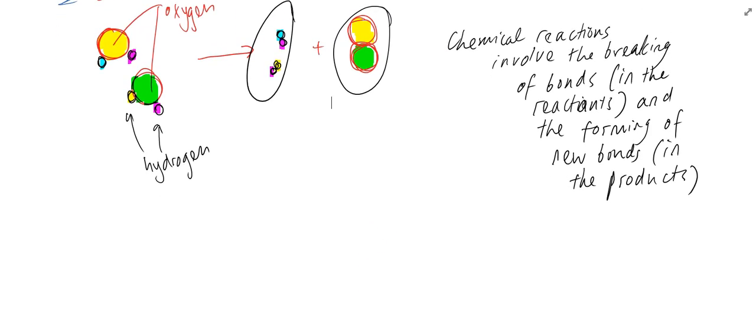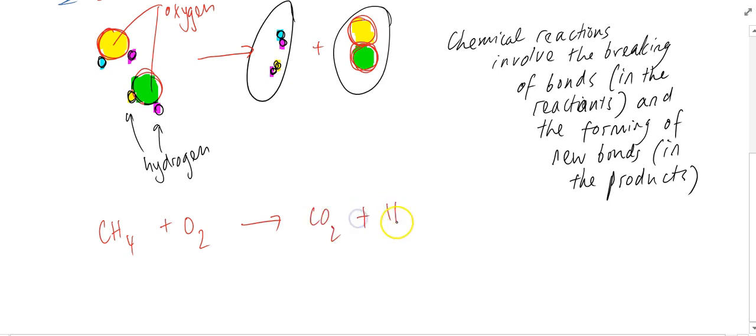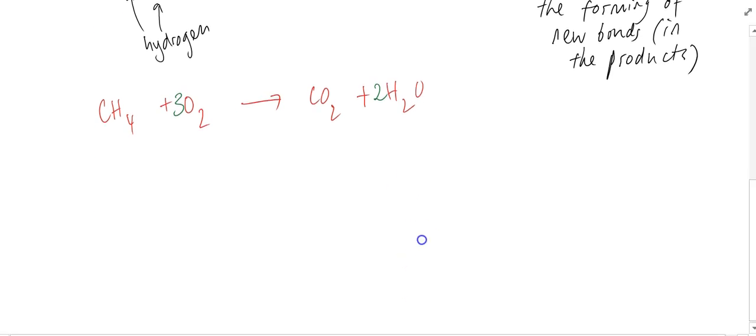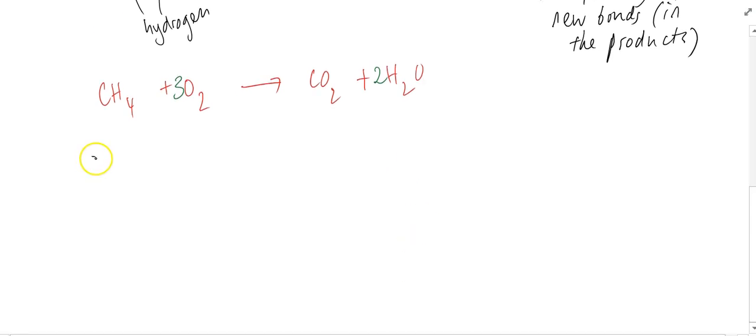One more example for this video. Let's go with the methane and oxygen combustion reaction. The balanced equation, I believe, looked like this. Yes, that's balanced. So that's how I'm going to draw this out. Carbon's like that.